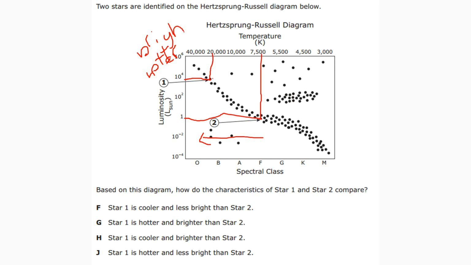You can easily see this because star 1 is higher on the graph than star 2. So star 1 is here, star 2 is below it. So this star is hotter and brighter. So the correct answer would be G. Star 1 is hotter and brighter.